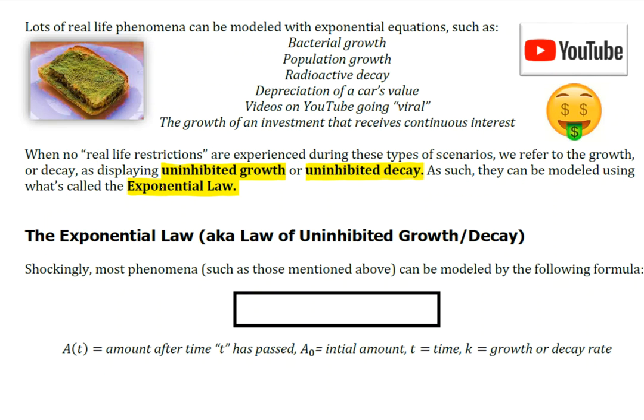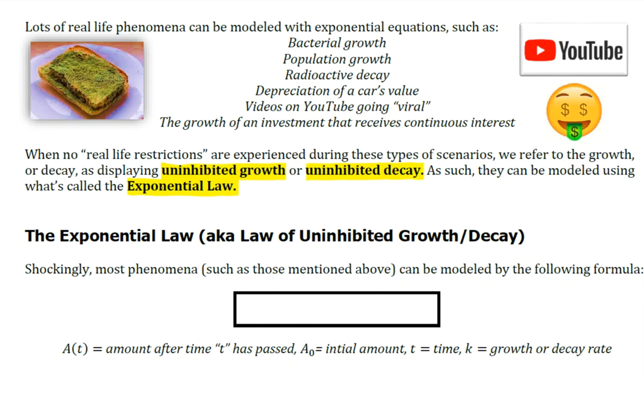So I want to talk real quick as to why we're seeing the word uninhibited as part of uninhibited growth and uninhibited decay. The idea there is that we are kind of in a vacuous situation in the sense that we're assuming that something is growing without any sort of external factors which would inhibit it.